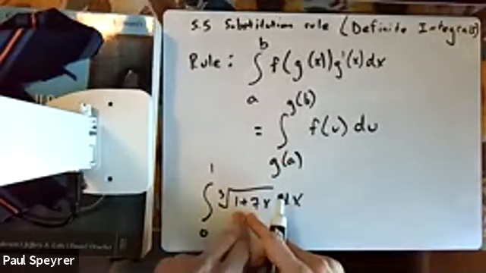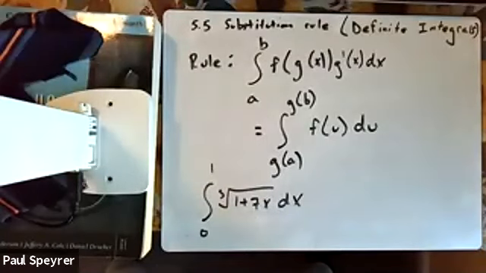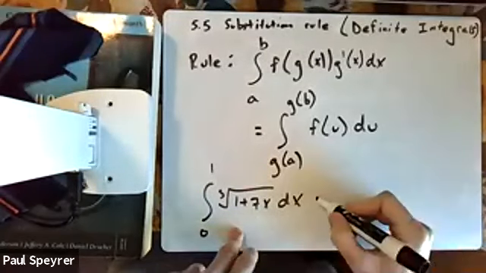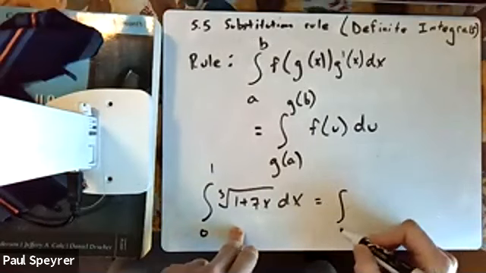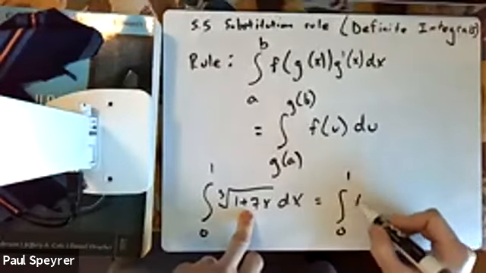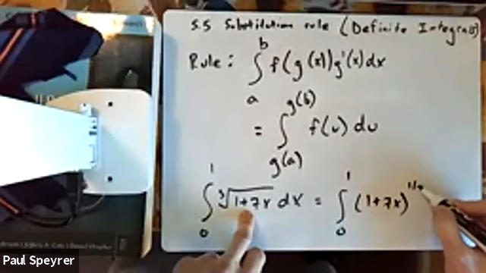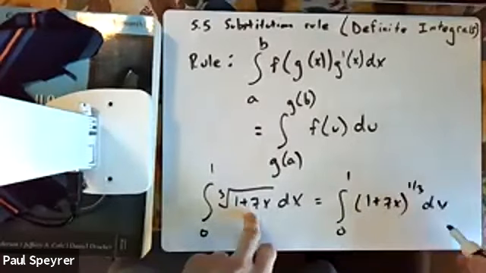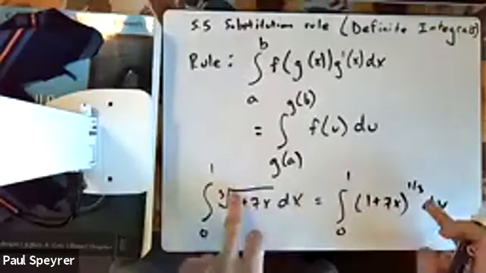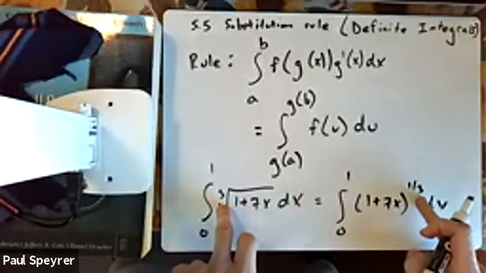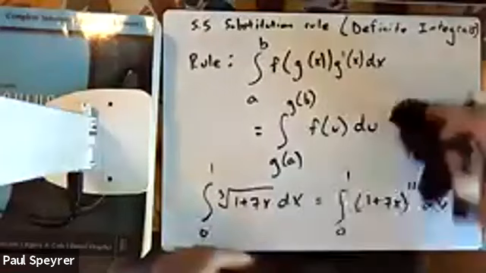Well, we got to let u be something, right? And before we do that, though, let's rewrite it. How are we going to rewrite it? We're going to rewrite the root in exponential form. This is, remember, 1 plus 7x to the 1/3. The index is your denominator, right, of your radical.